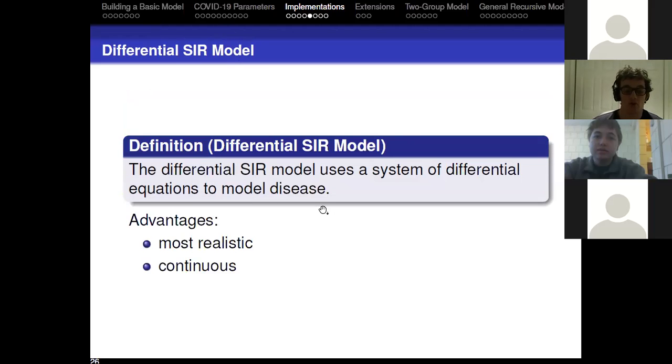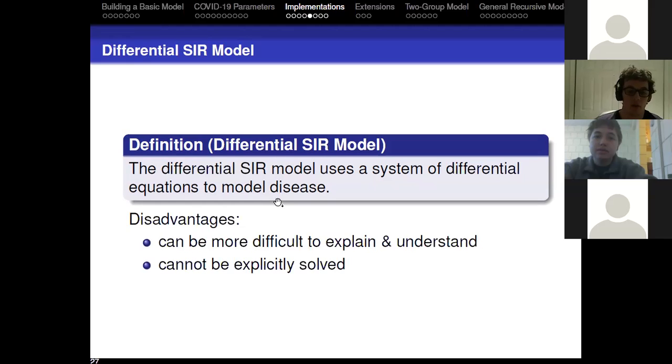This is the most realistic, and time is continuous as opposed to discrete steps like in the other models, which is better. The problem is it can be more difficult to explain and understand, and it cannot be explicitly solved at all. So we can only estimate its value at a given time. I'm going to talk about how we do that.